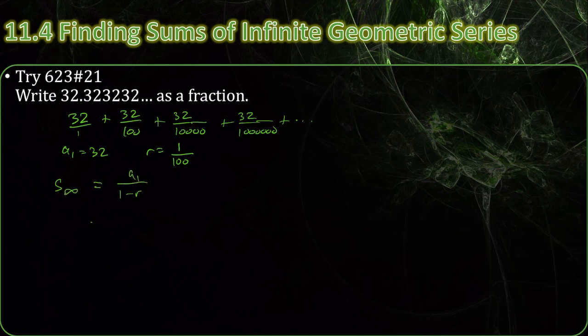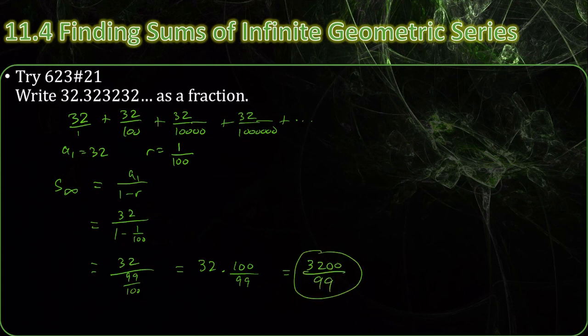So our formula is 32 over 1 minus 1/100th, so it's 32 over 99/100ths. Multiply by the reciprocal gives you 3,200 over 99, and we cannot reduce that.